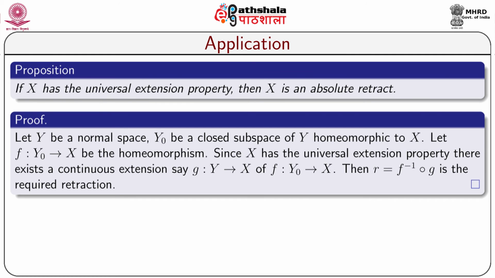Since capital X has the universal extension property, there exists a continuous mapping, say g, from capital Y to X extending f. Then r equal to f inverse composed with g is our required retraction.